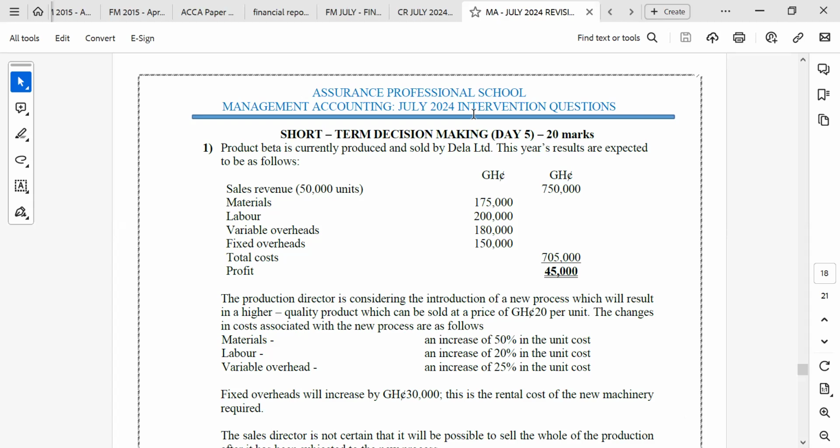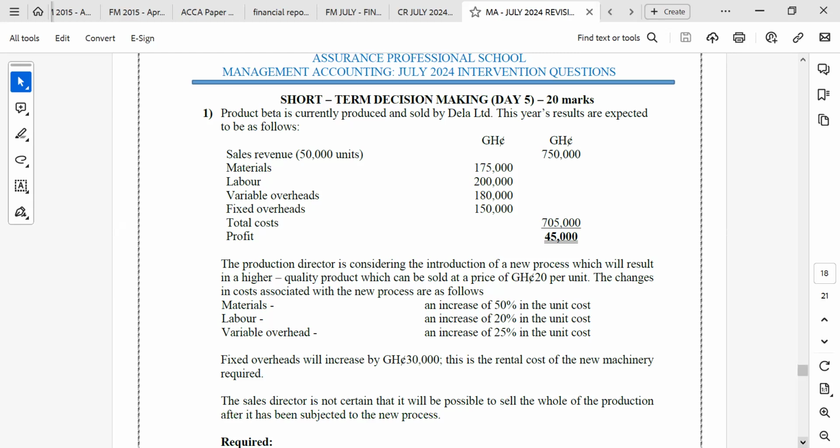Question 1. Product Beta is currently produced and sold by Dela Limited. This year's results are expected to be as follows: sales revenue, materials, labor, variable overheads, fixed overheads, total cost, profit. The production director is considering the introduction of a new process which will result in a higher quality product which can be sold at a price of 20 Ghana cedis per unit.